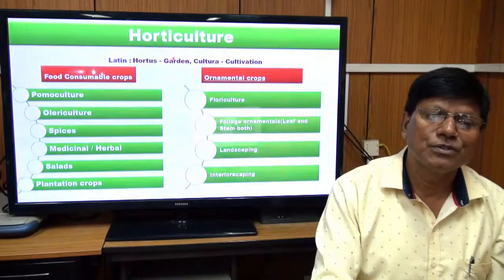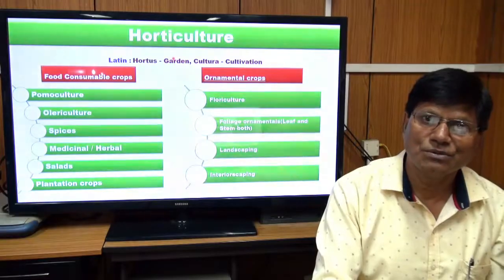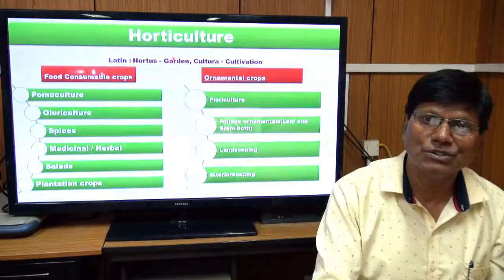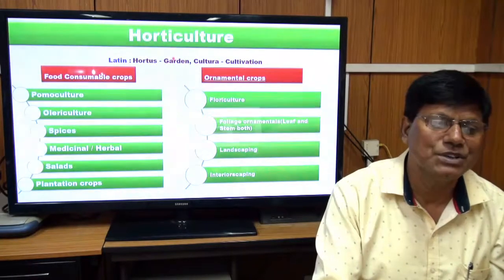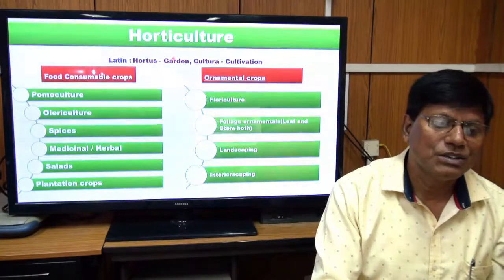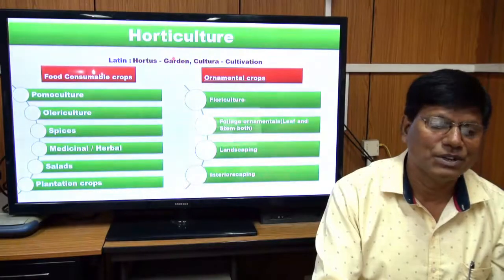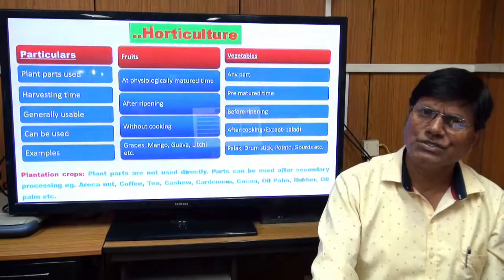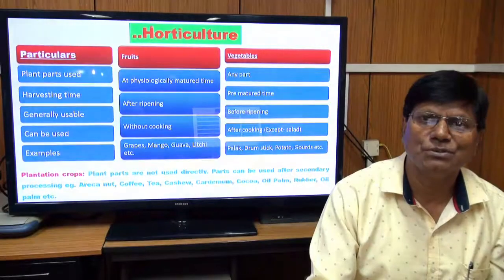The study of cultivation of vegetables is olericulture, cultivation of fruits is pomoculture, and the study of it is pomology, obviously. Spices, medicinal, salad and plantation crops are clear. Now coming to major components, let us understand the basic difference between fruits and vegetables.